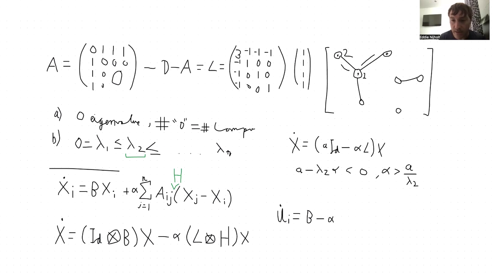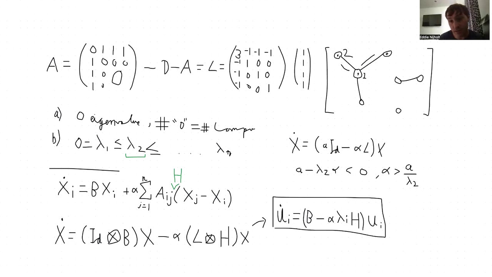So now they're indexed not by the nodes, but by the eigenvalues of the Laplacian. And I should put an H here if I do it that way. So here I put my new variable u. So now you can pry out n systems, one corresponding to each eigenvalue of the Laplacian. So that's that lambda i. And you get the following system.